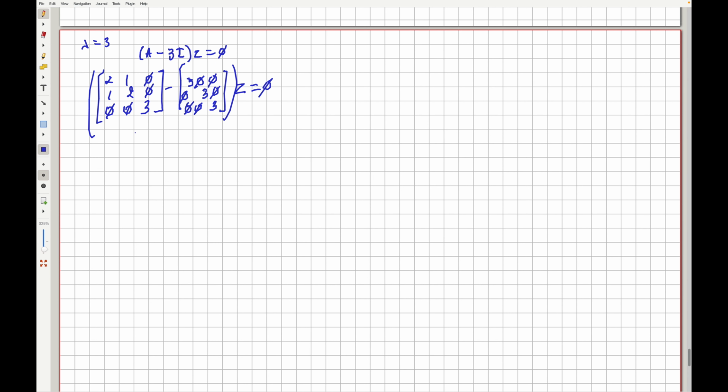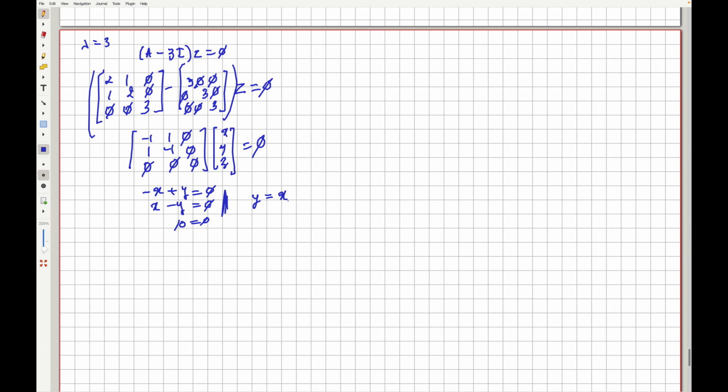If we solve this, we get minus 1 1 0, 1 minus 1 0, and then 0 0 0, times x y z is equal to 0. So the equations that we have are minus x plus y is equal to 0, x minus y is equal to 0, and the last one is just 0 is equal to 0. From these two, we can get y is equal to x.